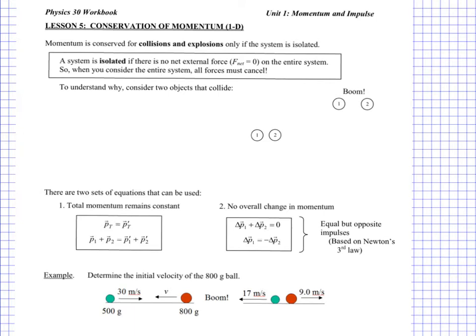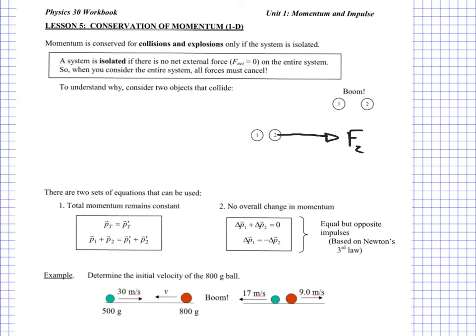What we need to think about is the forces acting on this. And this will take you back to Physics 20, and we're going to get into Newton's third law of equal and opposite. So ball 1 has hit ball 2, and so ball 2 is going to experience a force. Okay, we're going to call this the force that ball 2 experiences.